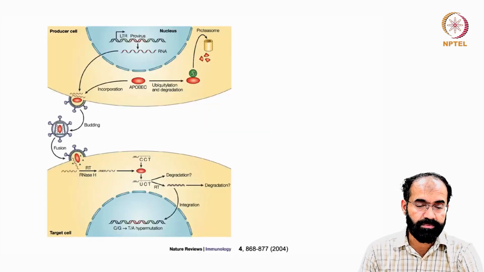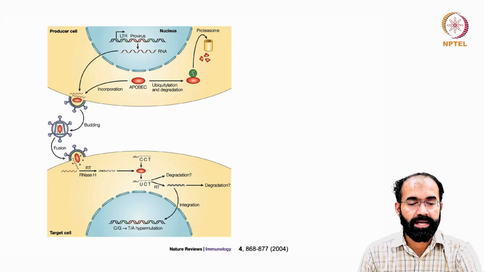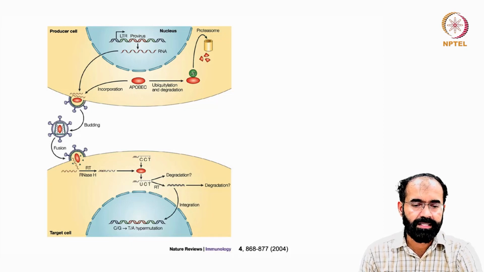Now coming back to the virus, what happens is in a producer cell, usually the virus gets integrated. Because HIV is an RNA virus, it converts itself into DNA and integrates into the genome of the host, and that is why we call it a retrovirus, and while it is staying in the genome, we call it a provirus.